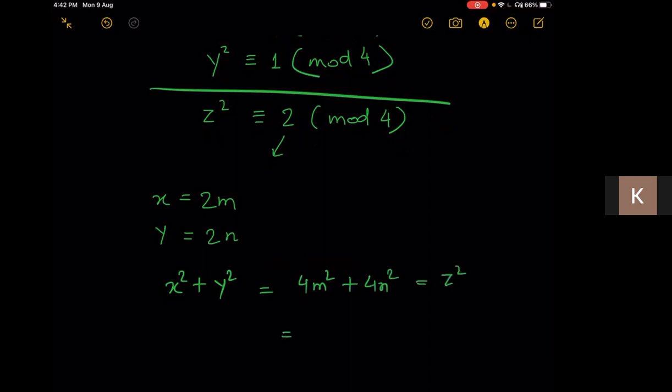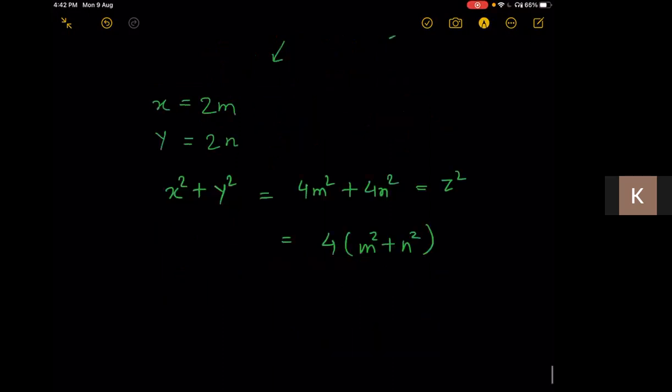So this can be written as 4 into m square plus n square. So 2 divides z basically. Right, z is also even. So x, y, z, all of them are even. If x and y are even, then z is also even. This is what I prove.